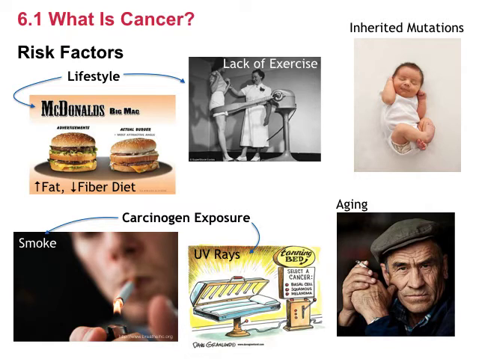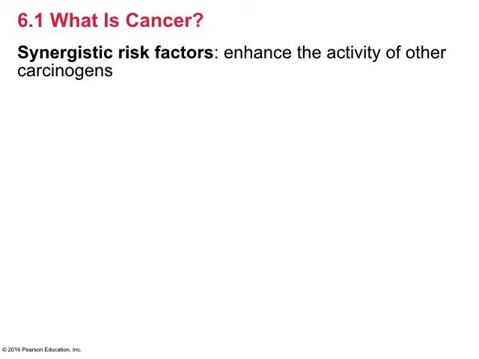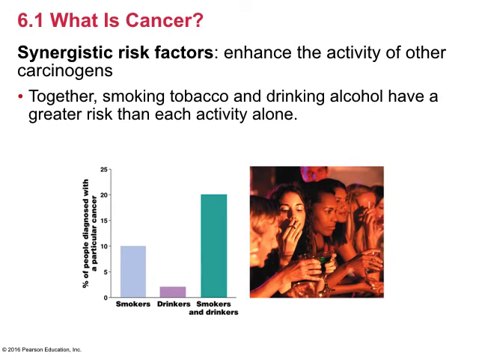cycle and cell division. Something interesting too from your textbook is how risk factors can work together to enhance the activity of a carcinogen. So, for example, together, smoking tobacco and drinking alcohol have a greater risk than either one on its own.